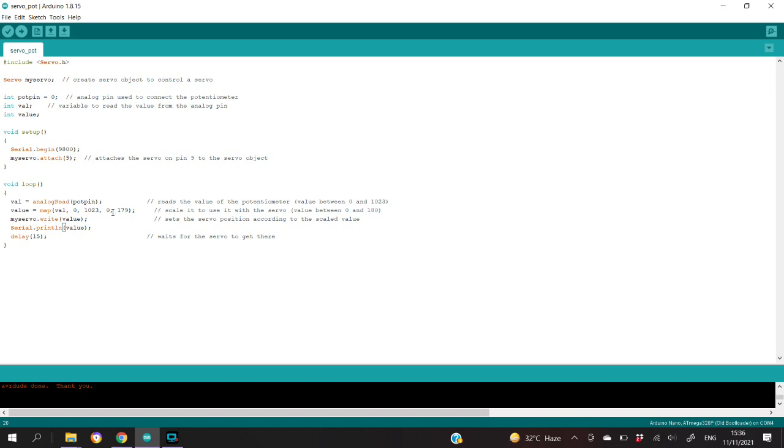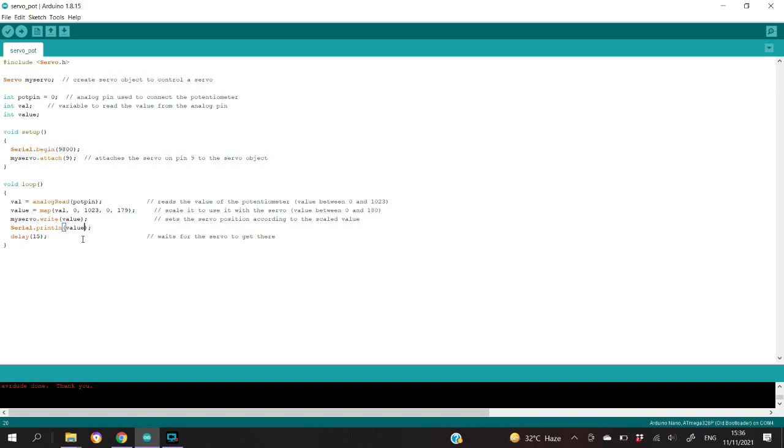So the myServo.write is where we set the position of the servo motor according to the scaled value, and then the serial print prints the scaled value or the angle of the servo motor, and then it has a delay of 15 milliseconds.